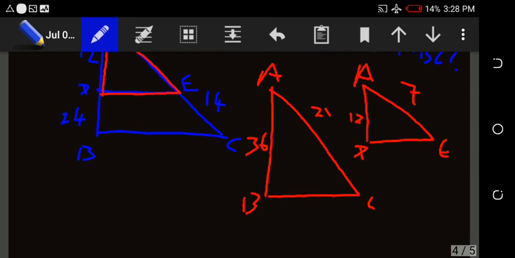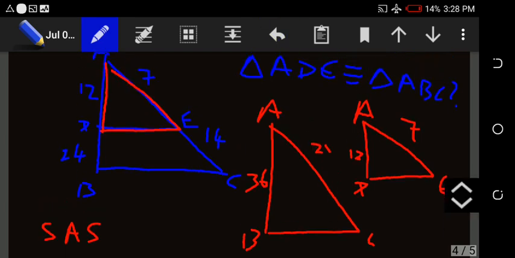However, remember that we said that there are three different postulates, or three different conditions, that we can test to ascertain whether two triangles are similar, and one of them is the case of side, angle, side. All right. So two sides given and then the angle in between them. So what you have to first of all identify is whether these two angles that are here are the same.